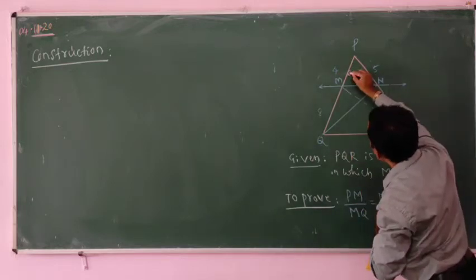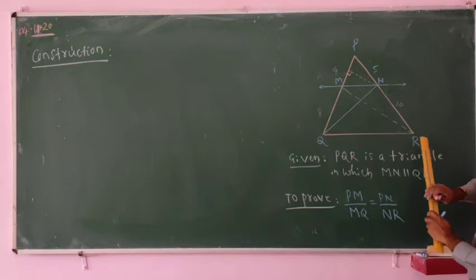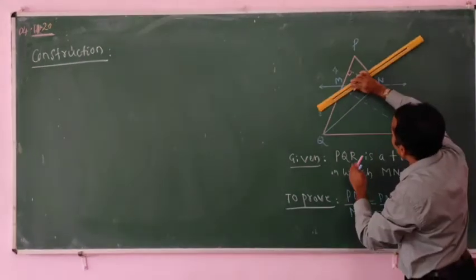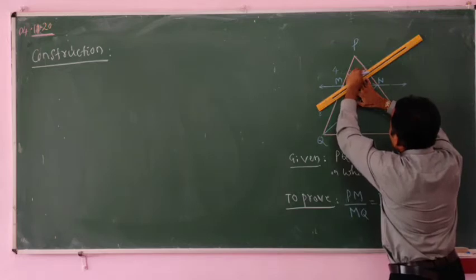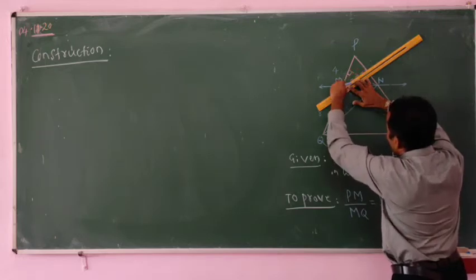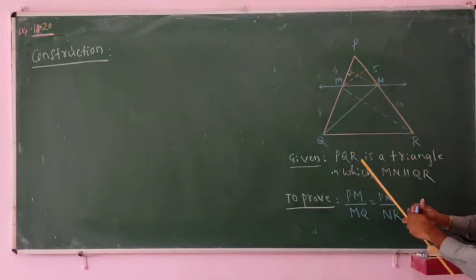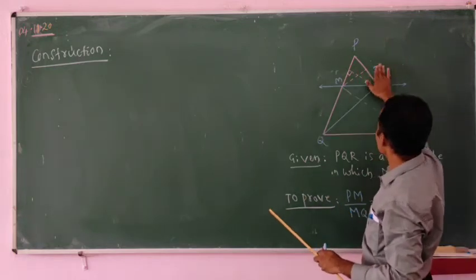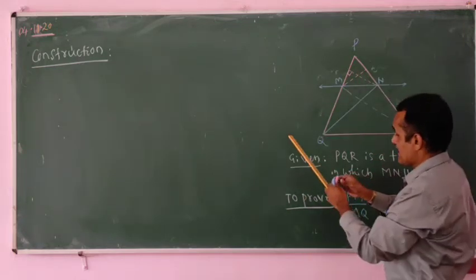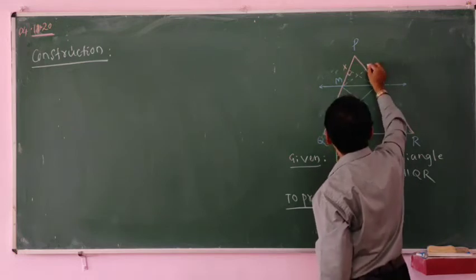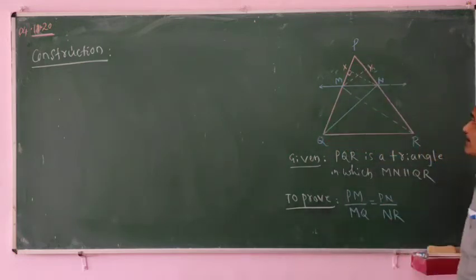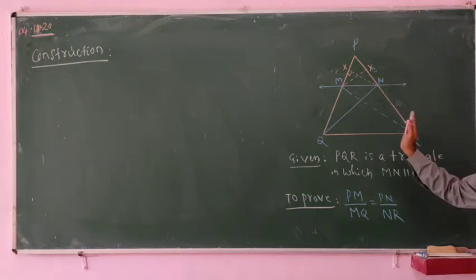Angle is 90. From M also a perpendicular is drawn, and from here also a perpendicular is drawn. I will call those two points X and Y. This much is the construction.